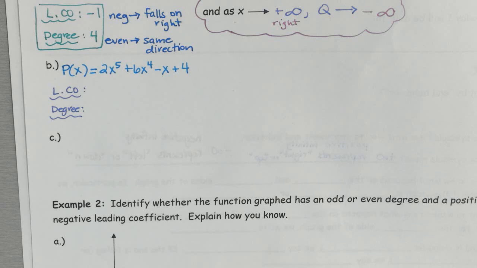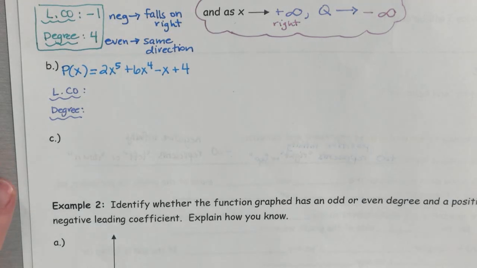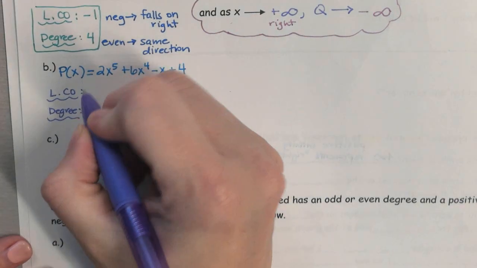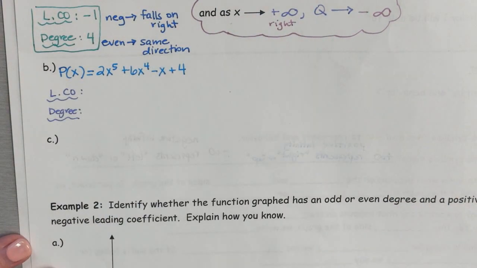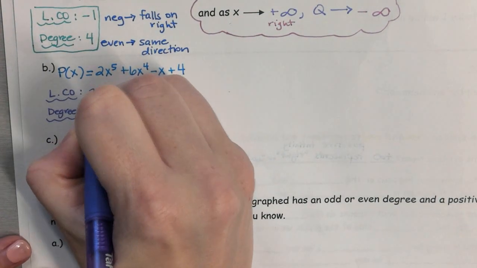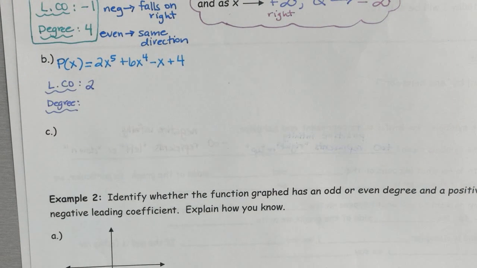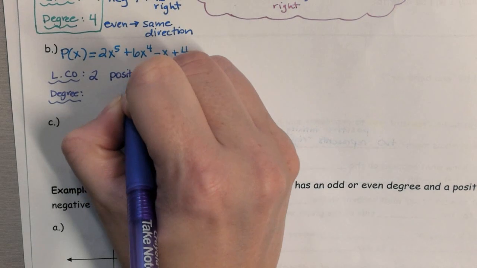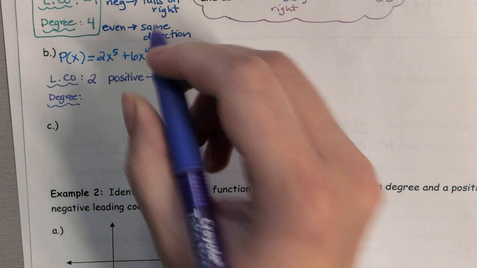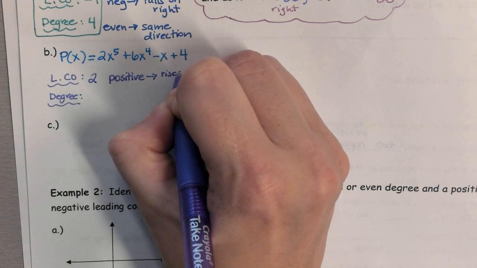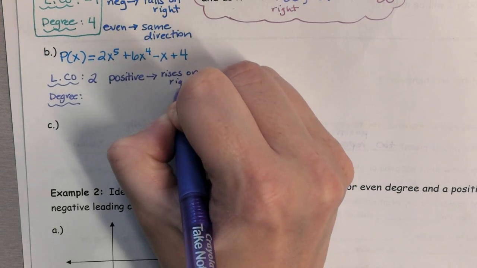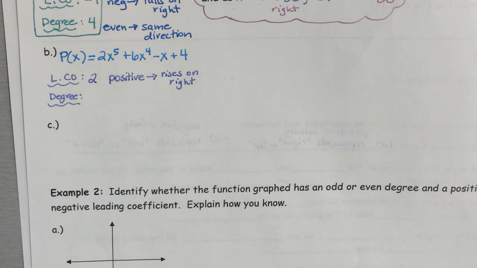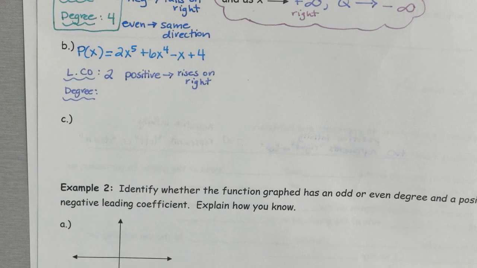So, Nina, what was your leading coefficient? Good. And for the leading coefficient, are we saying if that's positive or negative, or odd or even? Positive or negative. And this one is positive. So if it's positive, it rises on the right. Great.